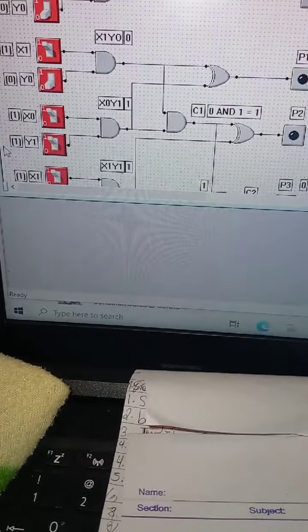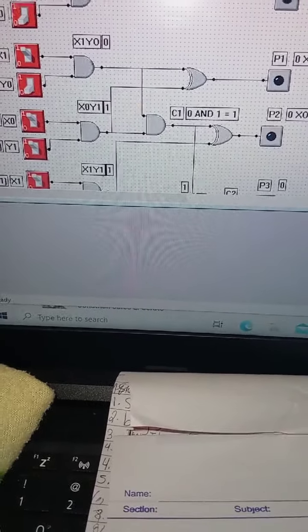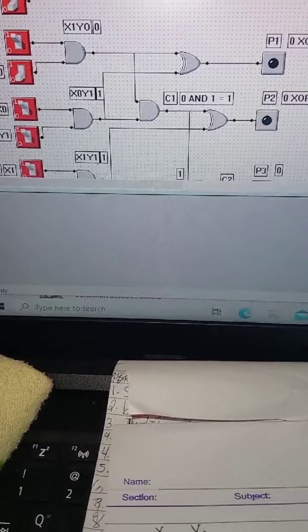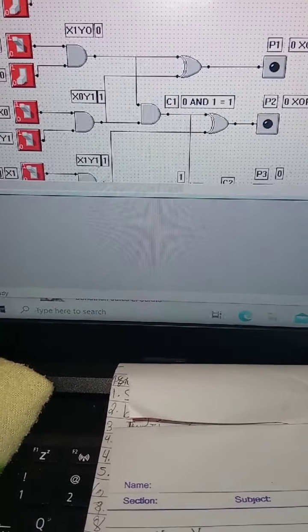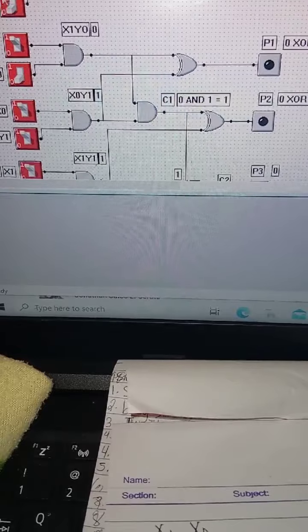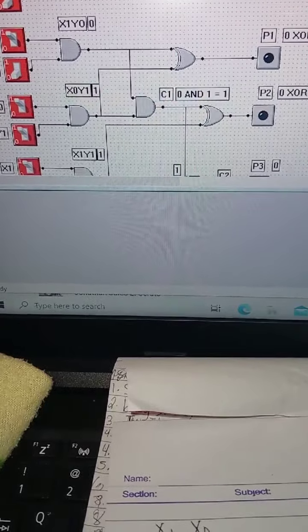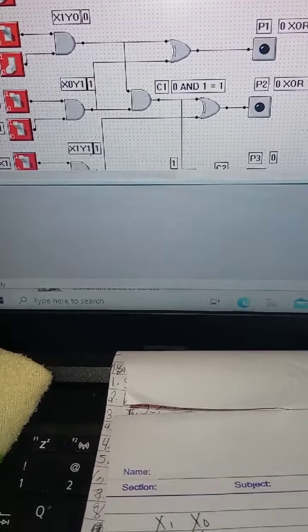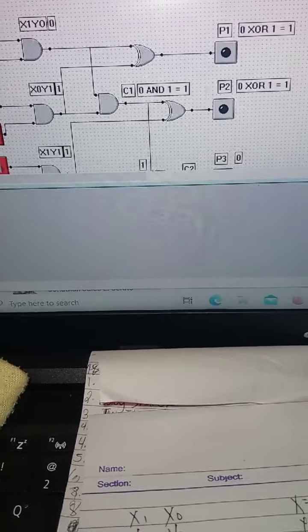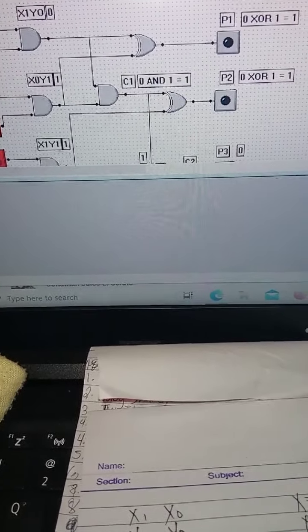So to connect, the x1, x0, y0, so two inputs here. This given has two inputs here. So we need to put the AND gate icon, and then the series of this. So we need to wire.